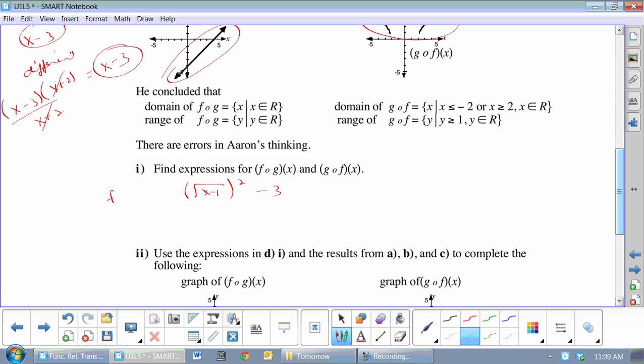This is f of g of x. So I put g of x into f of x. Does that make sense? Now, let's do the math on it. Let's work sideways on this one. So that goes to x minus 1 minus 3, right? Because you just get rid of that square root. So this equals x minus 4.